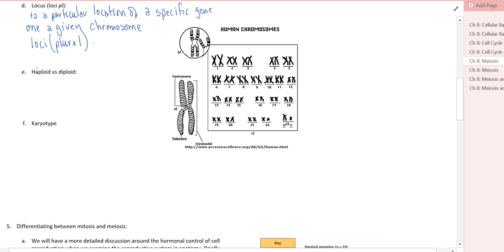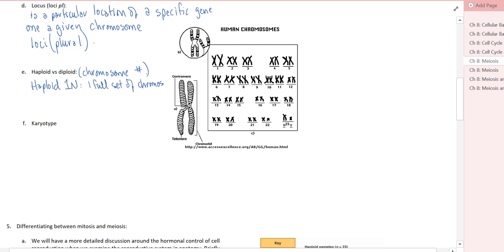Now I mentioned up above haploid versus diploid. When we're talking about this, it refers to chromosome number. The term haploid means you have one full set. We say 1N, one full set of chromosomes.